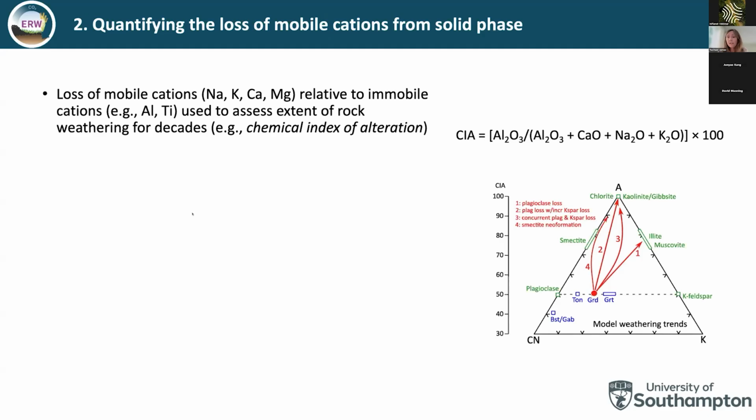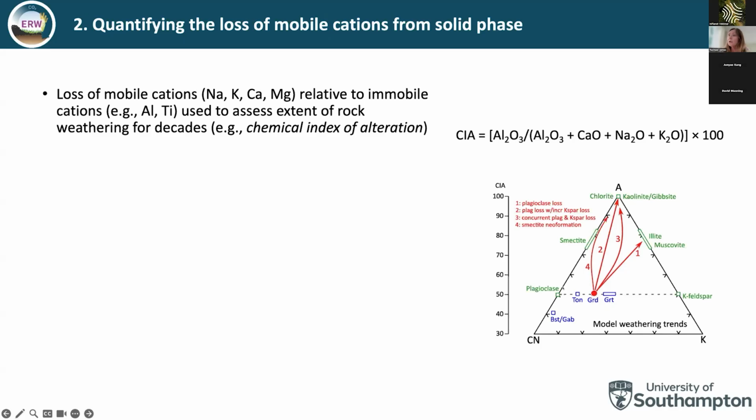And there are various well-established methods such as the chemical index of alteration, which I show on the right-hand side here, which is simply the ratio of the immobile cations, in this case aluminium, to the total cations, so the immobile plus the cations that will be weathered, so the calcium, the sodium, and potassium in this case.